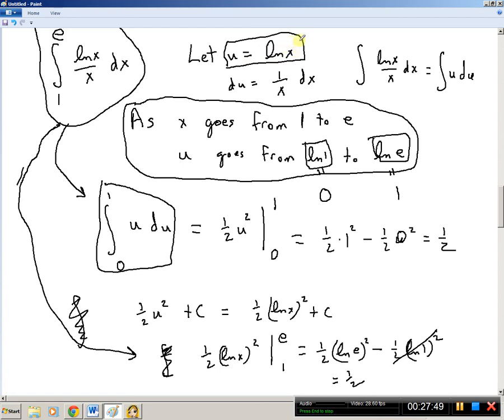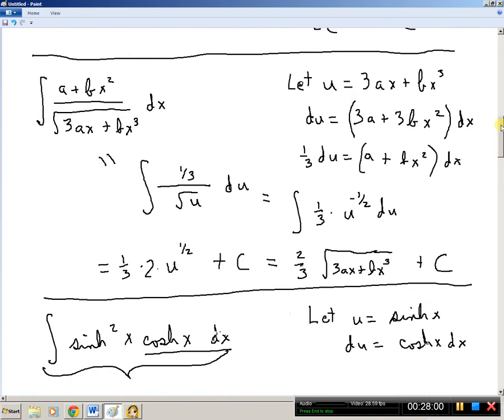And you ask yourself, as x goes from what to what, what happens to u? And it doesn't matter what you wrote, we can answer that question. Just think about this. X goes from 1 to e. Let's answer it with another example up here.